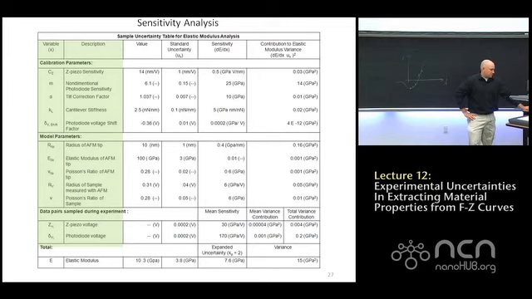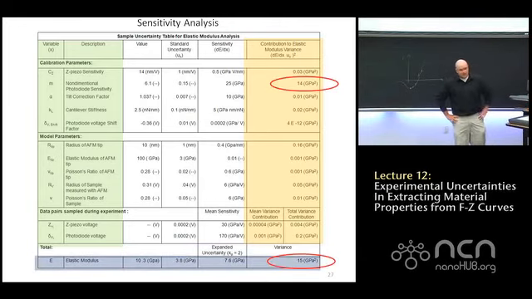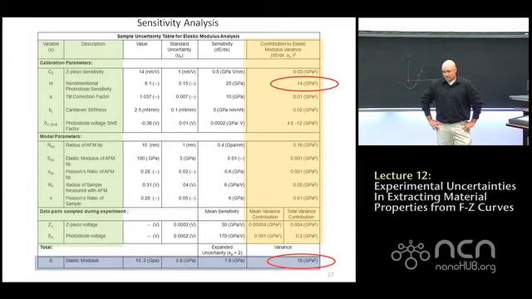We can write out what all those parameters are, and then identify which of these parameters is the largest contributor to the uncertainty in E. We show that for this case, the non-dimensional photodiode sensitivity, which was 3% uncertain, accounts for basically 90% of the uncertainty we're observing in E.